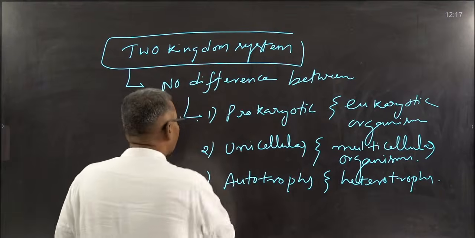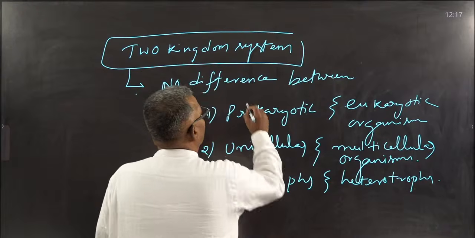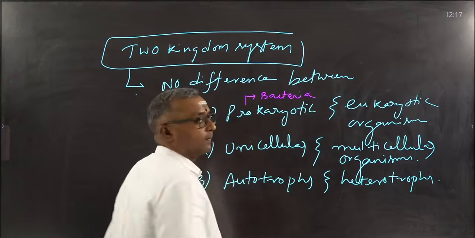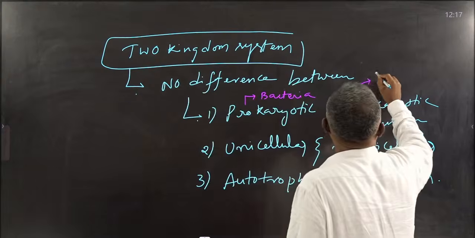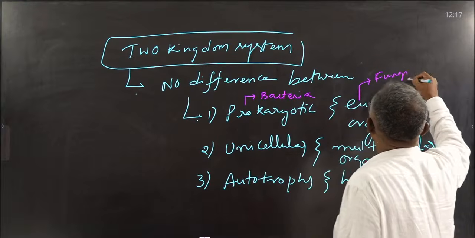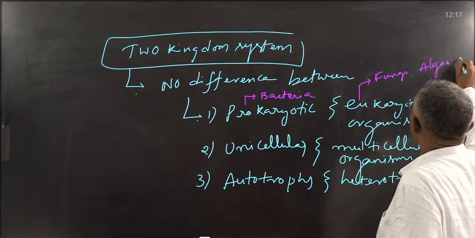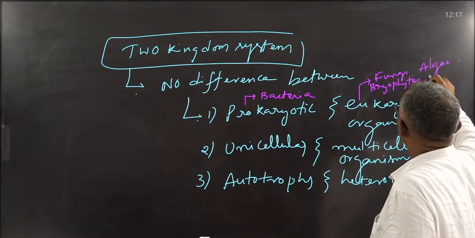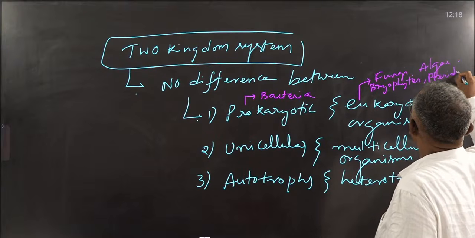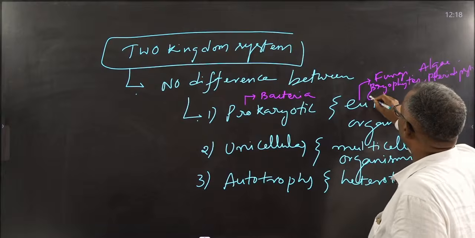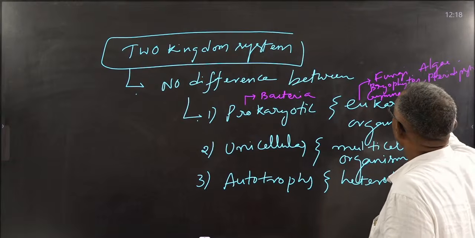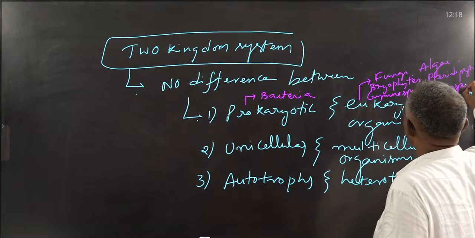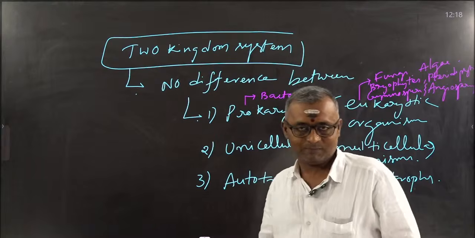So, as I said, prokaryotic bacteria and eukaryotic fungi, algae, bryophytes, pteridophytes, gymnosperms and angiosperms were placed under kingdom Plantae.